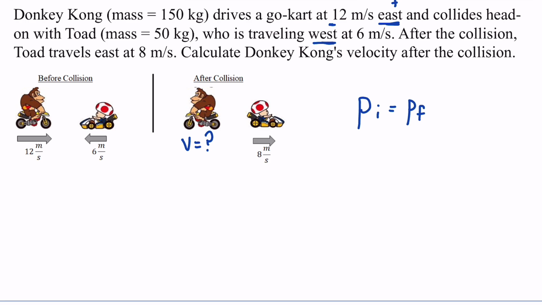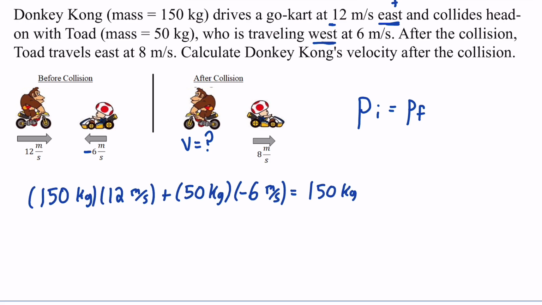When I plug in numbers here, I have to be careful with Toad's initial velocity. He's going to the left or west, so I'm going to call his velocity negative. And then I'll go ahead and plug numbers into conservation of momentum. And here's what that looks like. So my eastern velocities, which were Donkey Kong's initial velocity and Toad's final velocity, were positive.